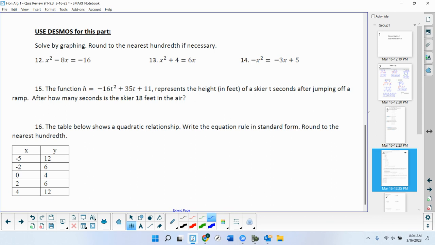Okay, so what would you have as your new equation? And now do you see the parabola? Does that make sense? Okay. Any questions here? I'll get all the way through 16.